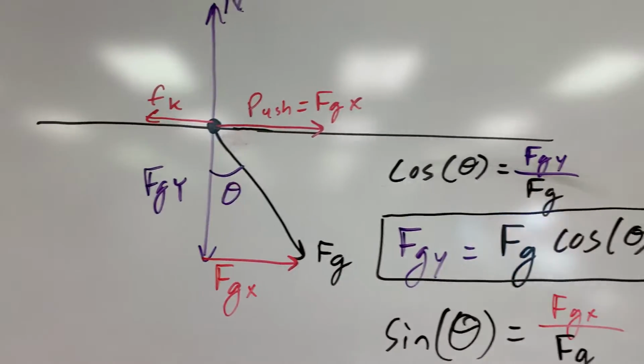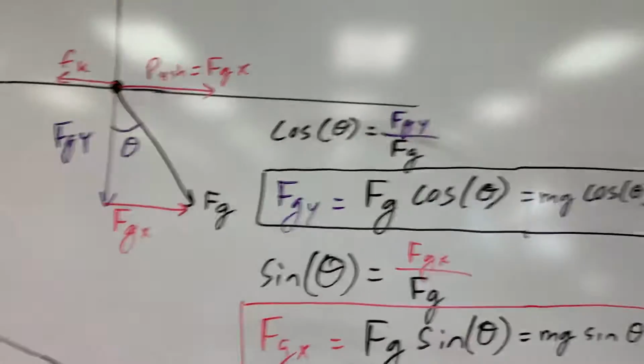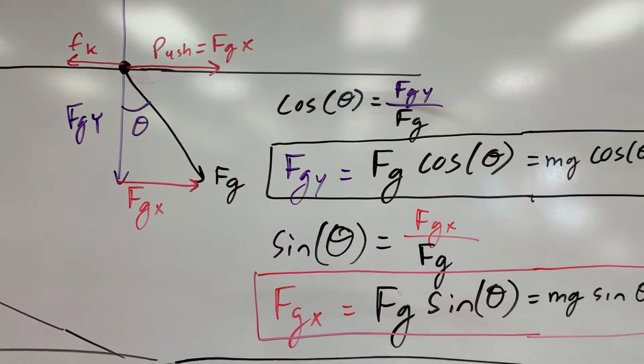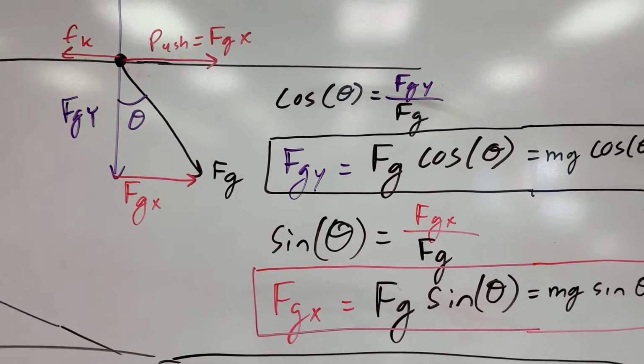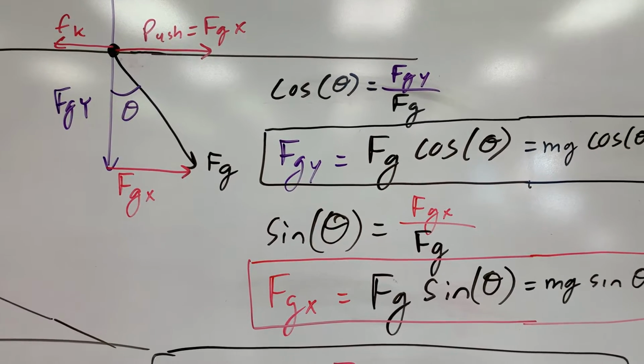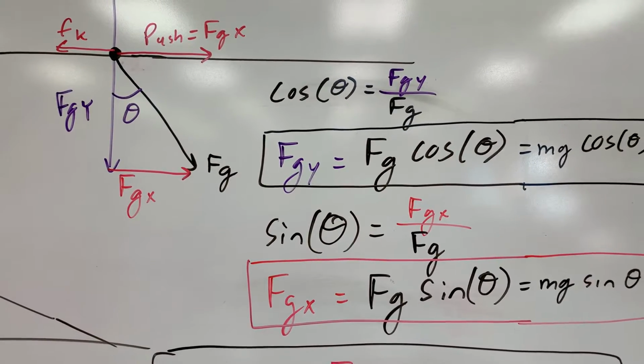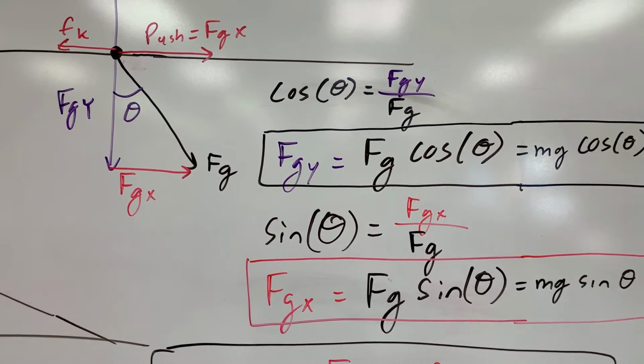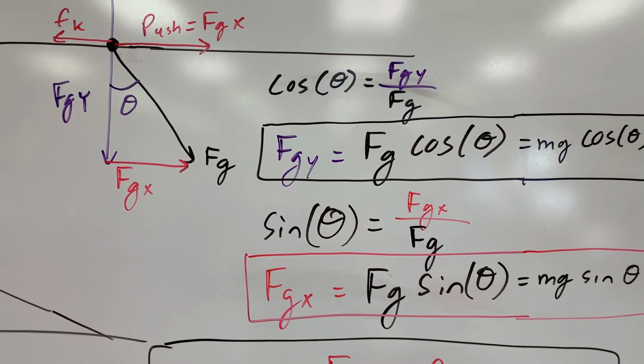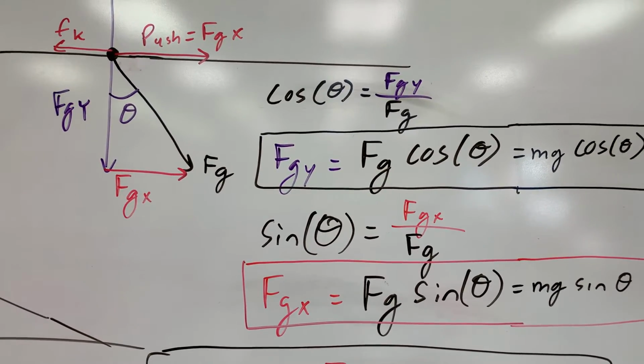Okay, now I'm going to break down the components a little bit even further, okay? So what I've looked at is the cosine of my angle, okay? Because the cosine is adjacent over hypotenuse, basically the cosine of my angle is my force of gravity in the y divided by my force of gravity, which is actually the hypotenuse, the way this is set up.